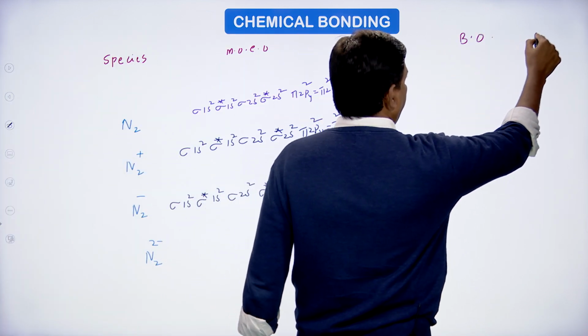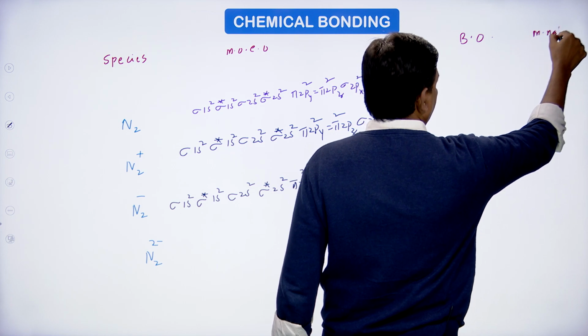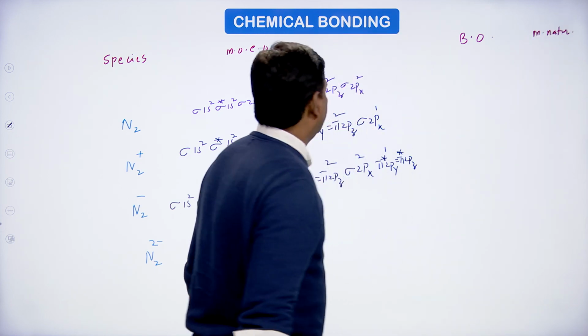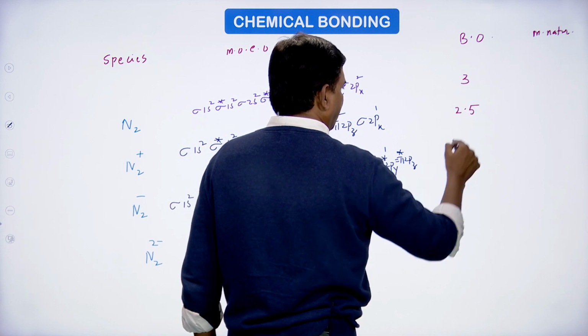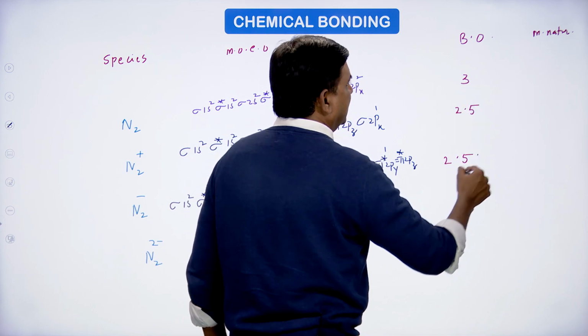Bond order and magnetic nature: here bond order is 3, here it is 2.5 and here it is 2.5.